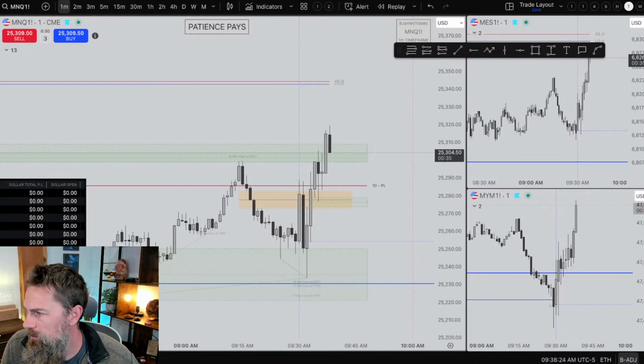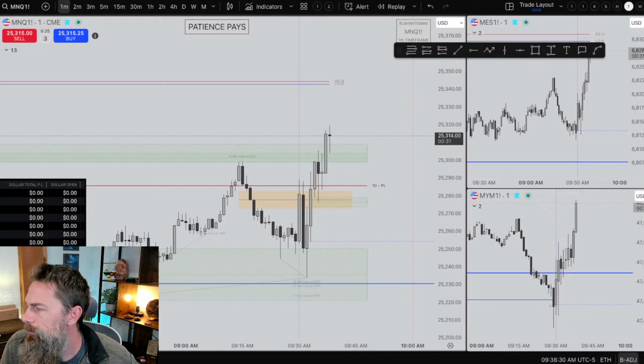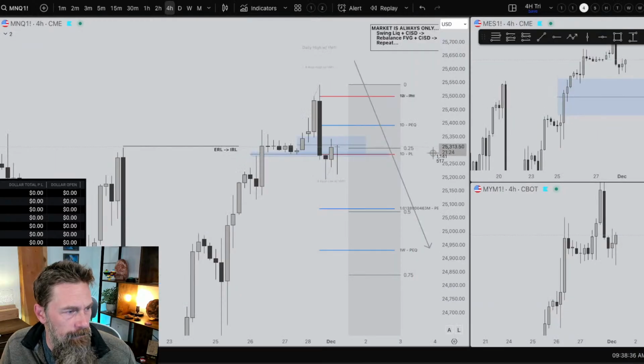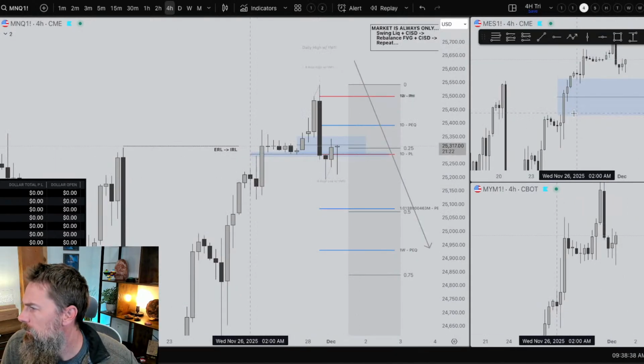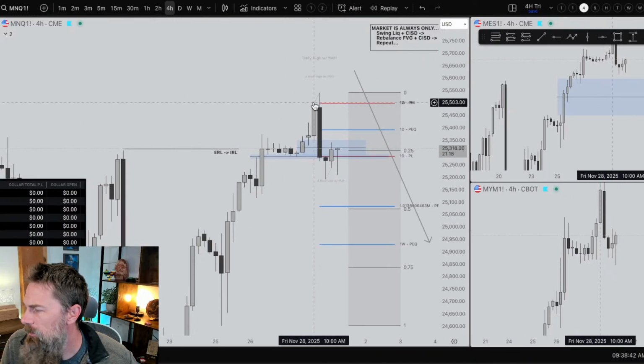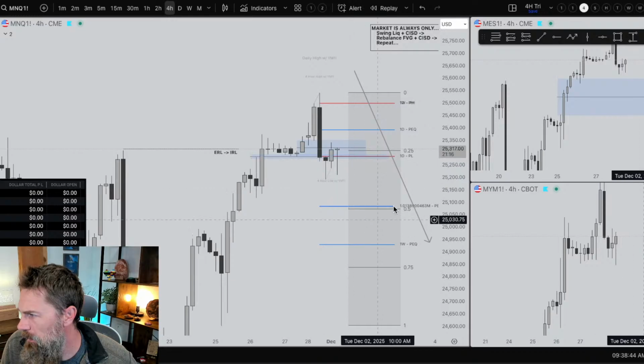Price is in between PD arrays on the 1 hour. To me, here on the 4 hour, looking heavy. We've taken external range. So I'm expecting some form of internal range rebalance.